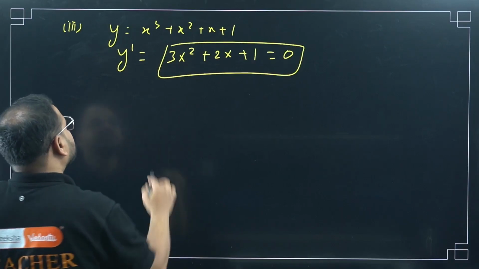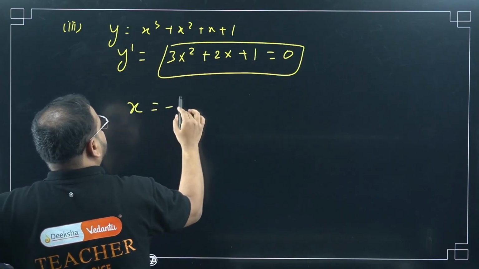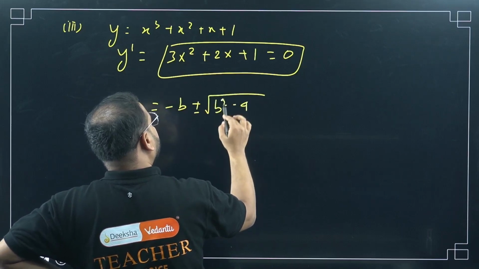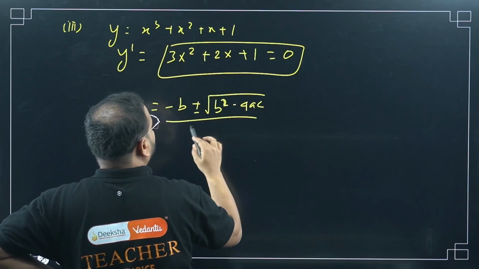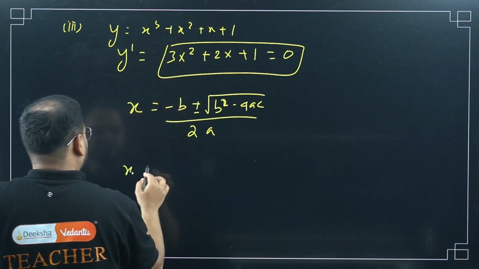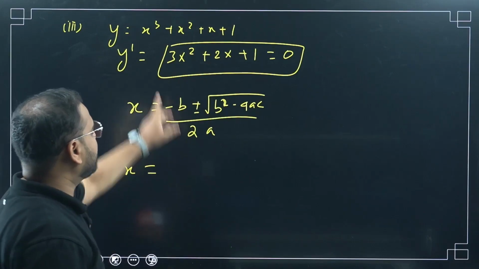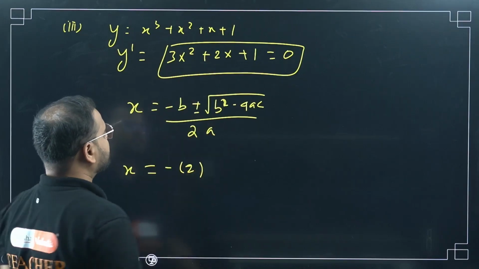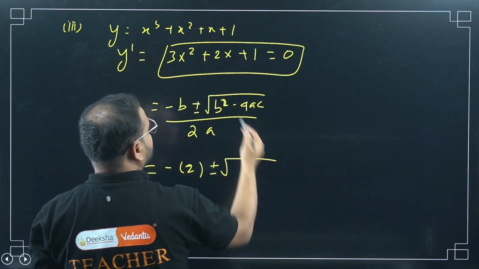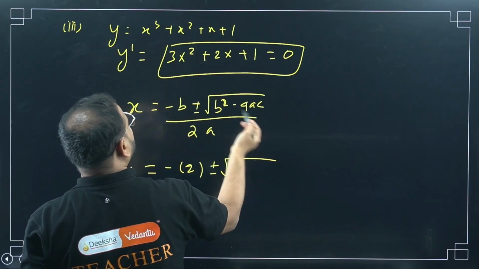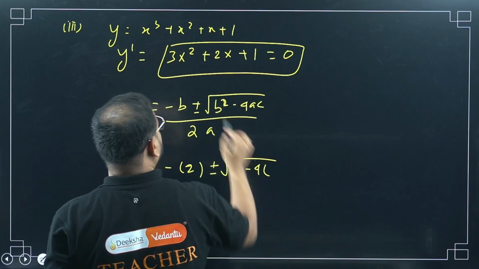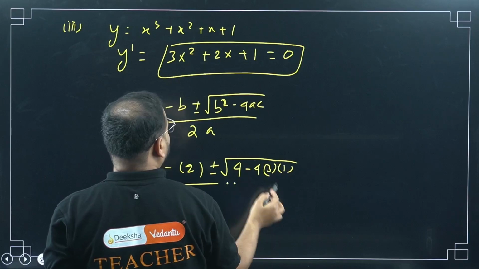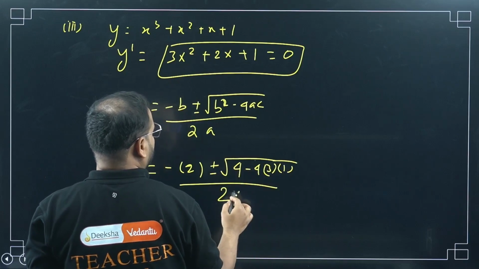How do we solve a quadratic equation? x equals minus b plus minus root of b square minus 4ac upon 2a. Now what are we going to put? Values of b: b is 2, so minus 2, plus minus root of b square, which is 4, and 4ac will be minus 4 times a is 3, c is 1, upon 2a, so 6. 2 of 3 is 6.